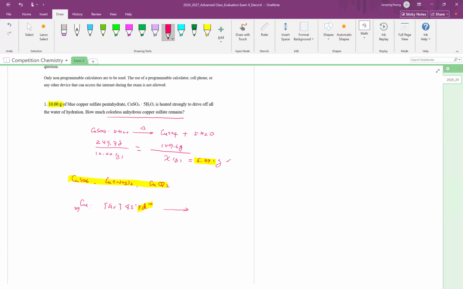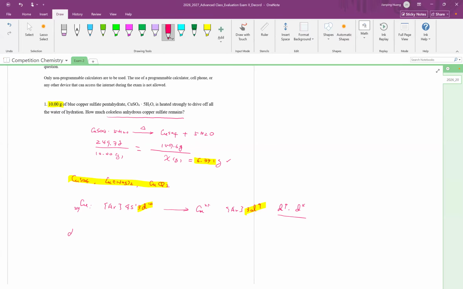Now, lose 2 electrons, we got argon 3d9. Remember, d9, you need to pay great attention, right? Copper 2 is a d9.